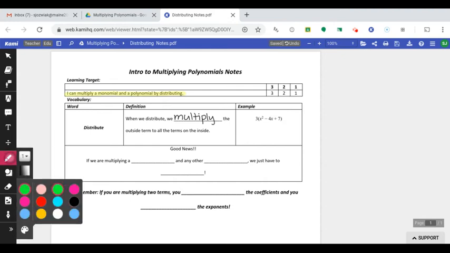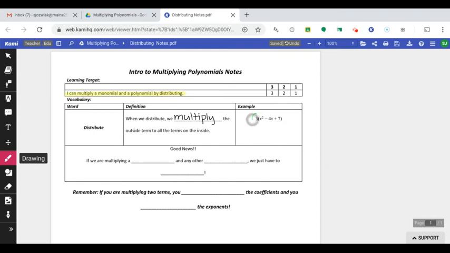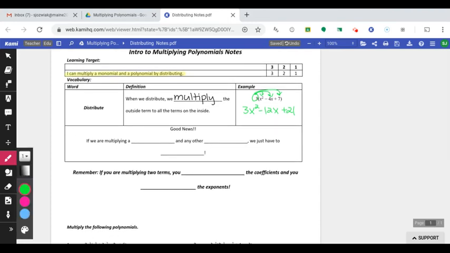So if we look at that first example there, there's this 3 on the outside, and we're going to multiply it inside. So we get 3x squared minus 12x plus 21. It's nice and easy. All we do is multiply the numbers and move on with our lives. So there's some good news here for you guys.